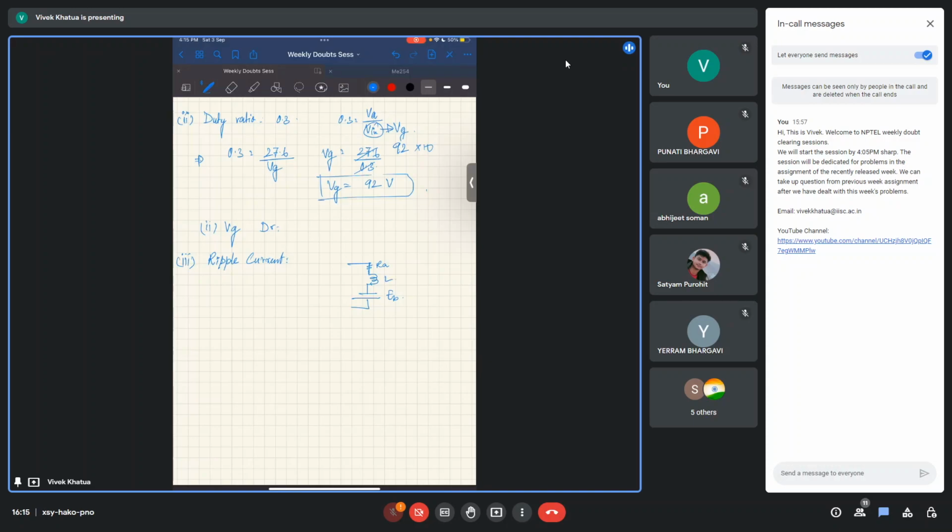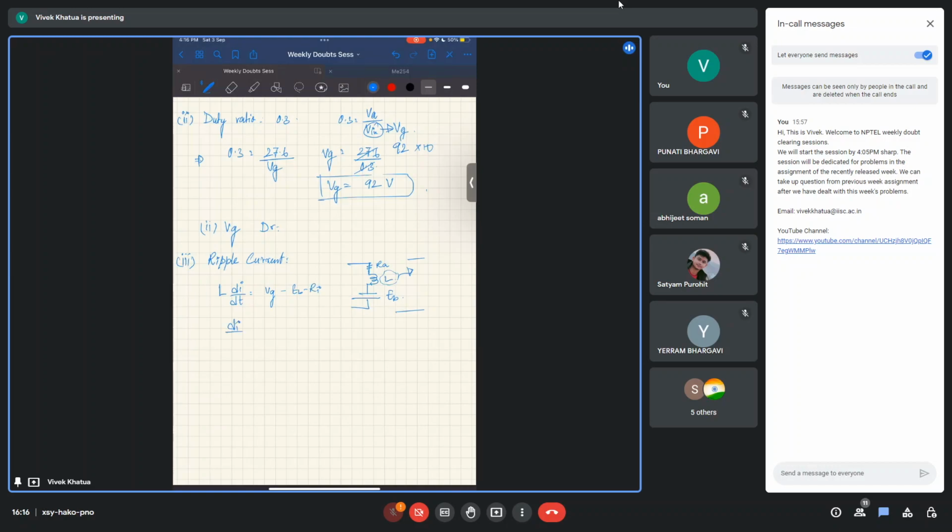Here we'll use directly the relation from the inductor, and from that we'll get a slope current, that is L di by dt is equal to the voltage across this, minus EB minus RI, right?